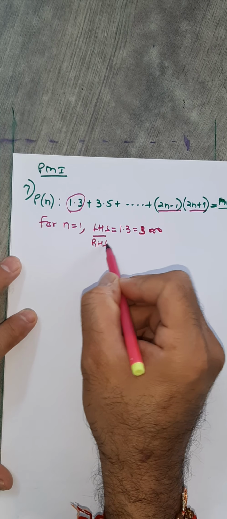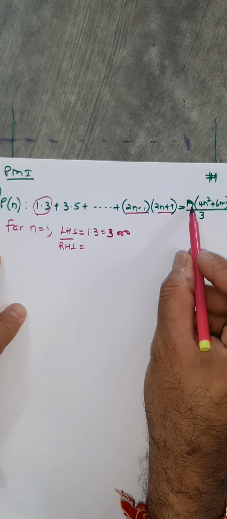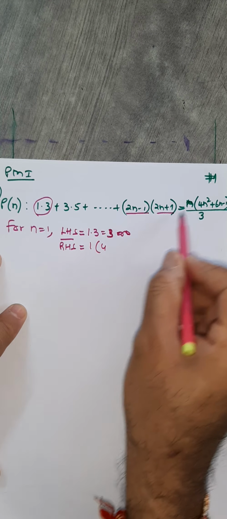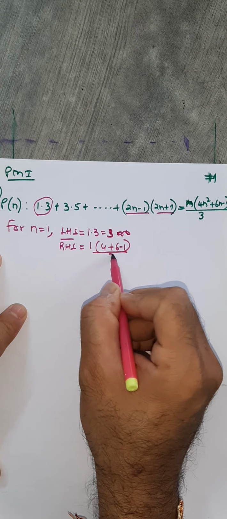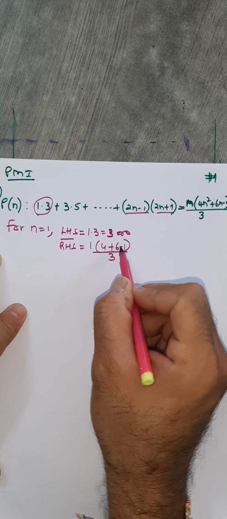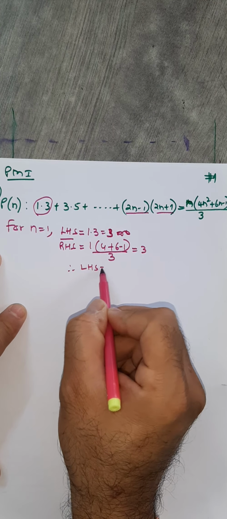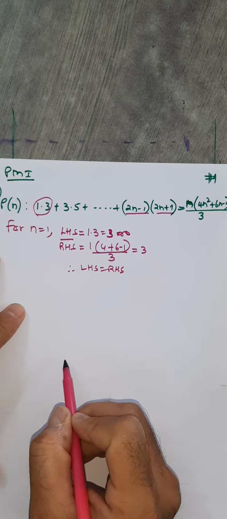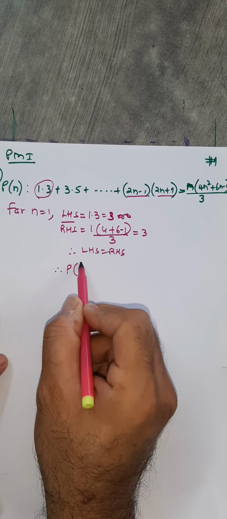Go for RHS. Put 1 here, so 1 into 4 into 1 square plus 6 minus 1 by 3. So 10 minus 1, 9 by 3, which is 3. So LHS equals RHS here, and therefore P of 1 is true.